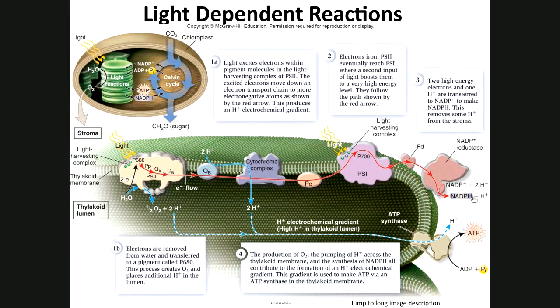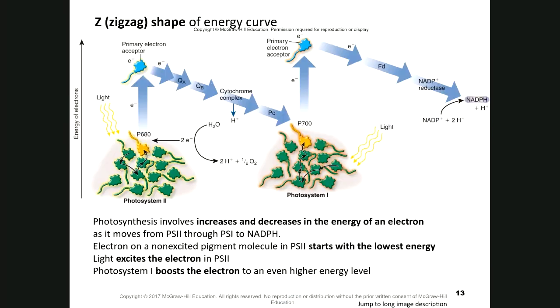Now, if we don't want to make much NADPH, we have a cyclic cycle. In the cyclic cycle, the electrons are not moved to NADP+. They are just basically bounced back. So if the electrons are not moved to NADP+, we cannot make NADPH. So it's a way of stopping making more NADPH. That's the cyclic cycle. Let's go back here.